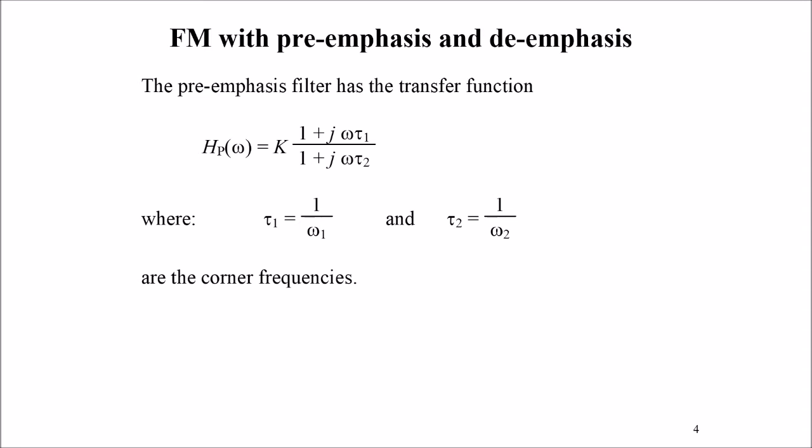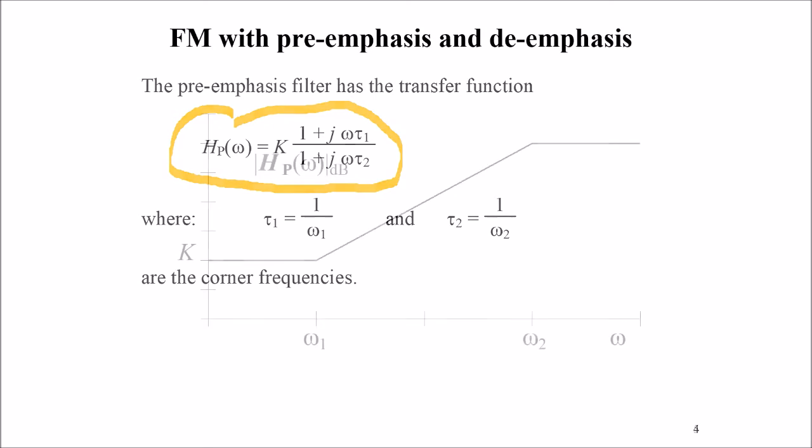And from that we can get the corner frequencies omega 1 and omega 2. And now we want to draw a Bode diagram for this transfer function. So we've got this term that breaks upward in the numerator, and a term that would break downward as well.